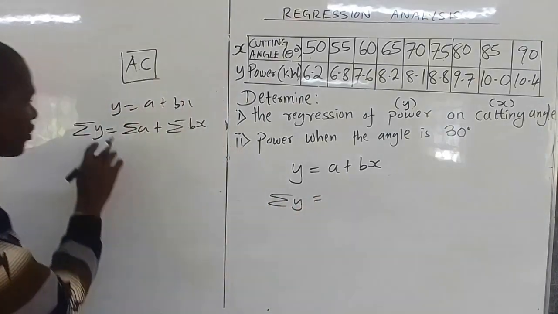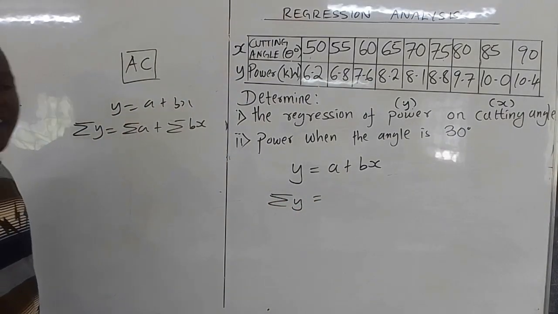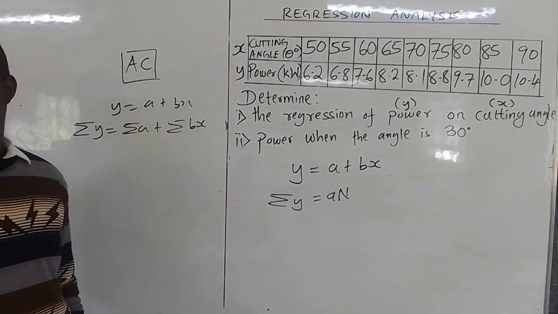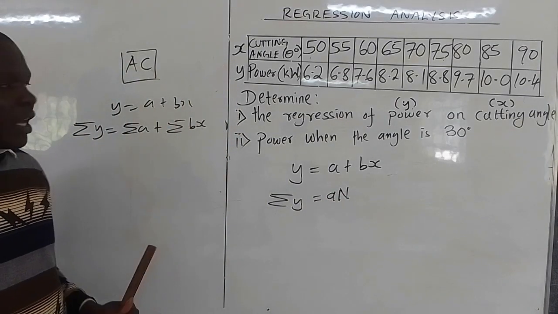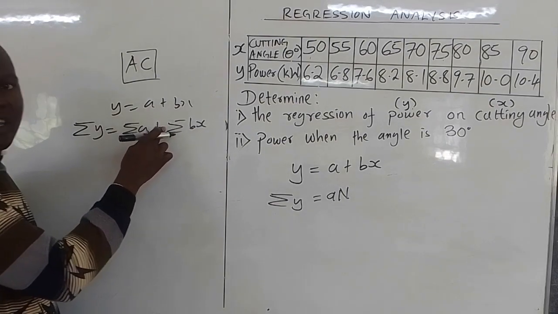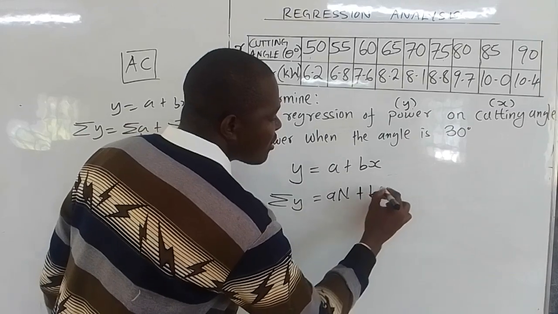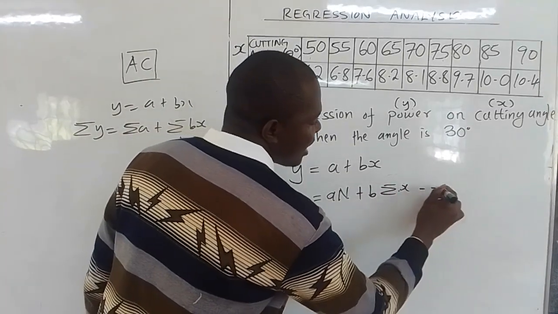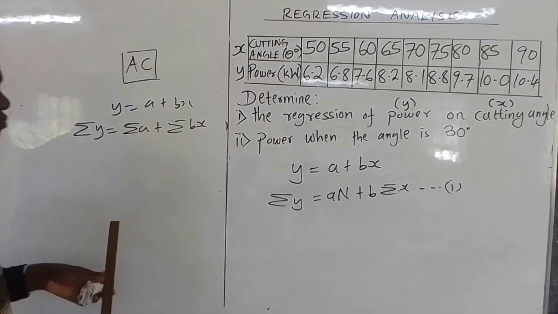Summation y equals, if I sum a n times, I get an, isn't it? Then b is a constant, so I factor it out. So it is an plus b summation of x. That is equation 1, isn't it?